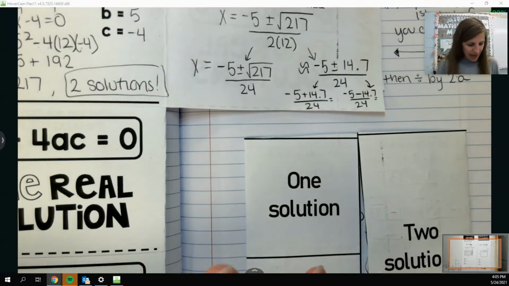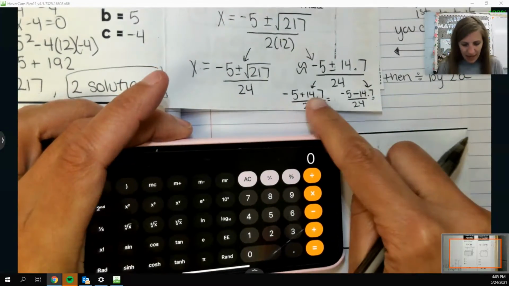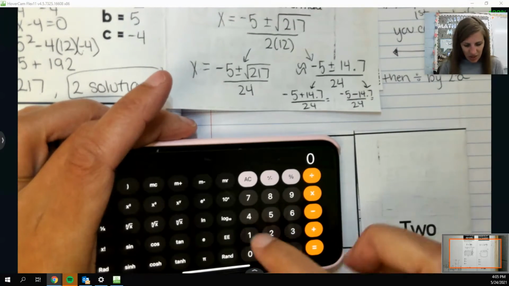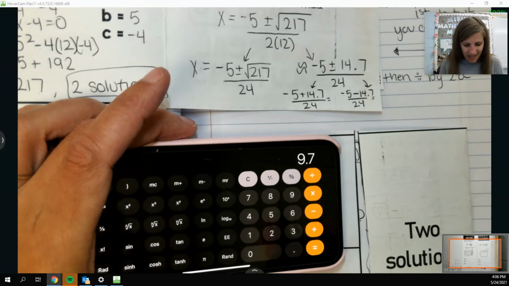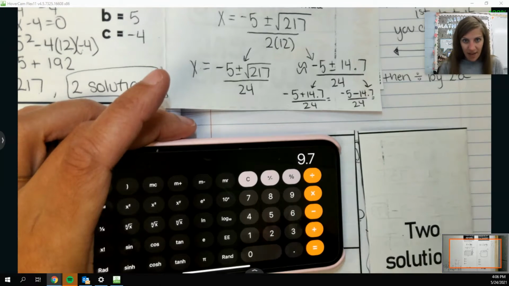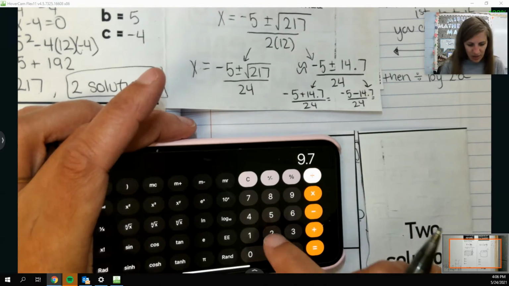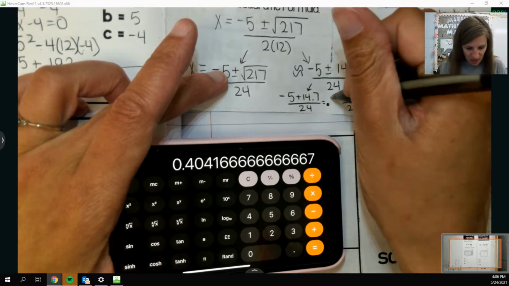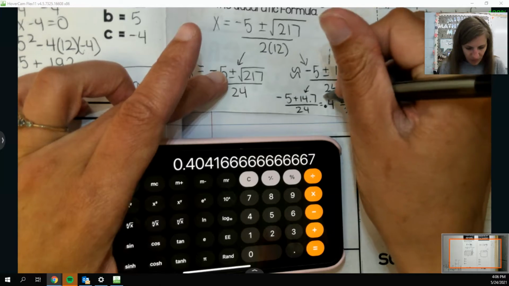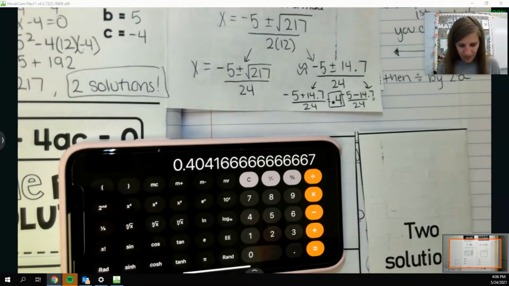If I type this in now, I can do it in the other order. I'm going to do 14.7 minus 5 because it's a negative. So 9.7, and then I need to divide by the 24. So we're going to the tenths place, so 0.4 is one of my answers.